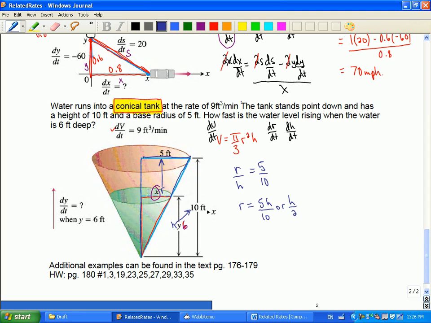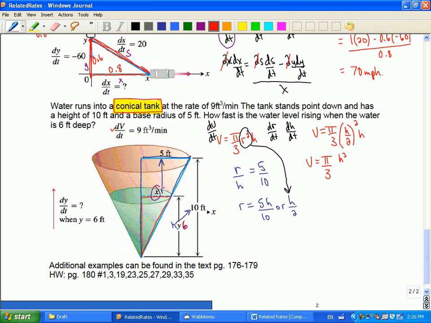So now I don't have to worry about the radius. I'm going to remove it from the problem here. This is going to become that. So now I get volume is pi over 3 times (h over 2) squared times h. That just removed any product rule I'd have to worry about also, so that's kind of nice.